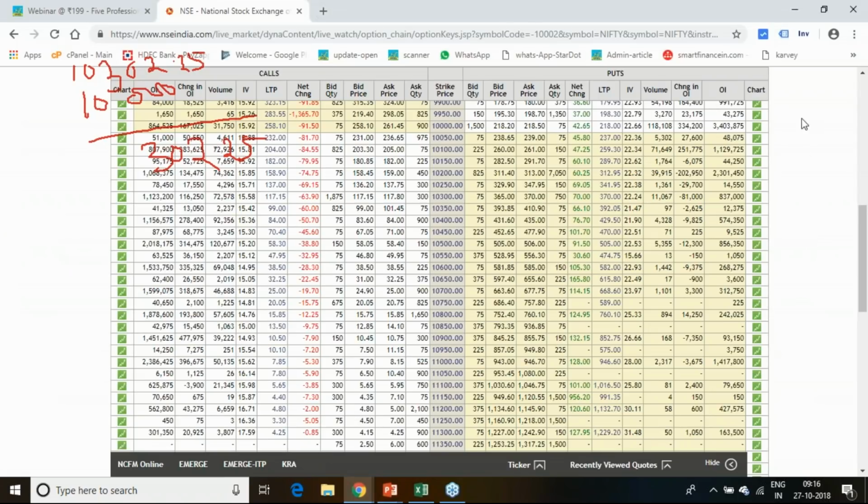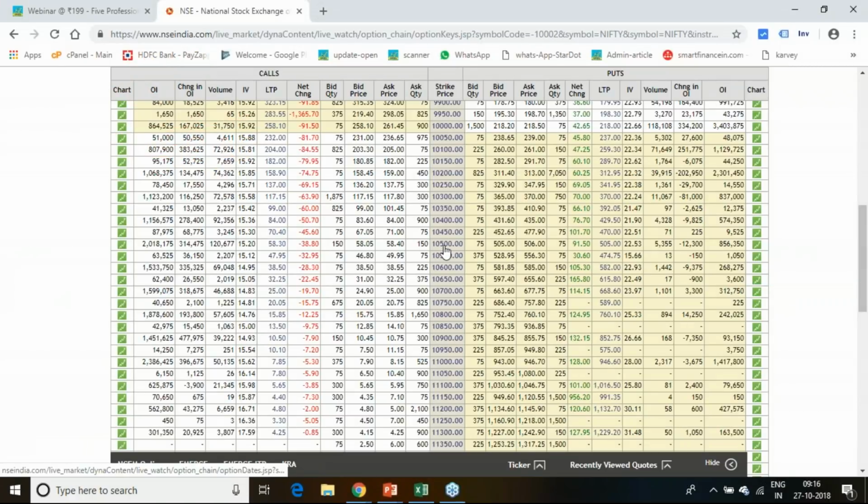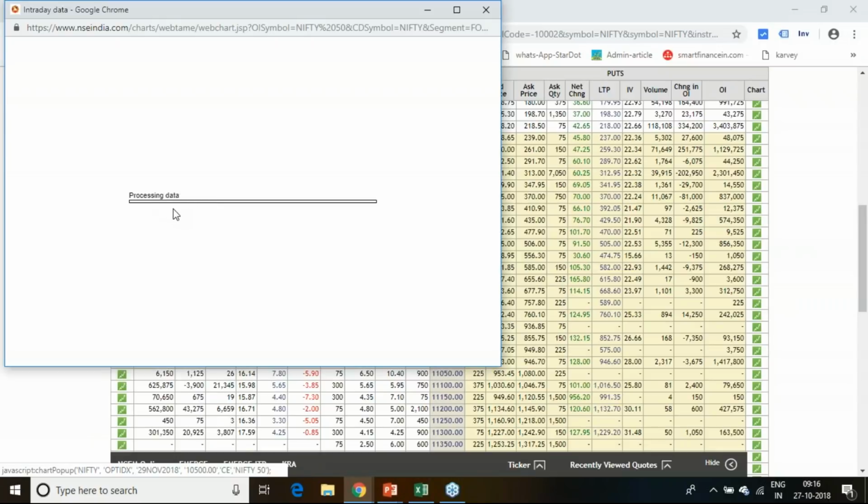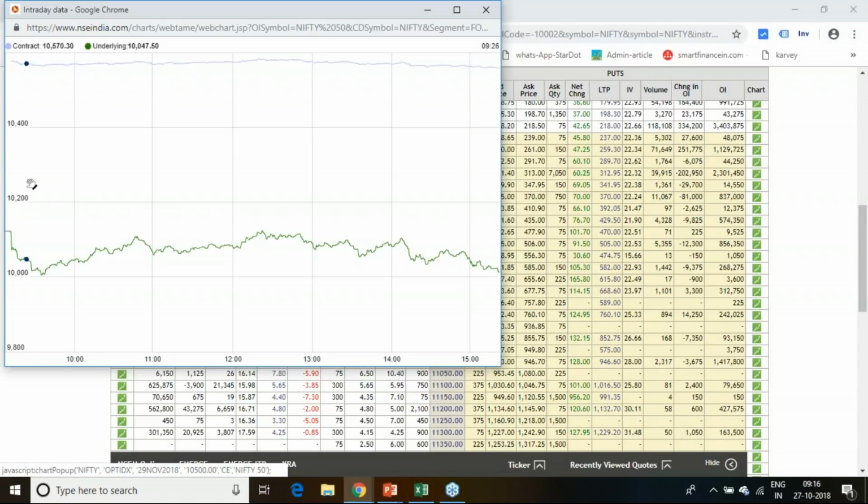Now go for a higher strike. Say I am going for the 10,500 call option. At the same time, I'll be waiting for the chat. I'll go for the same time, 9:20, on the right side, crossing my mouse pointer. 10,500 is the strike, and the contract is showing 10,571.55.